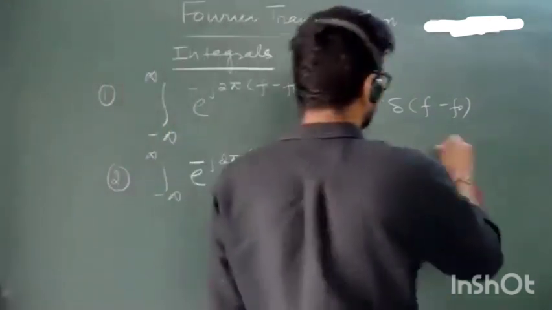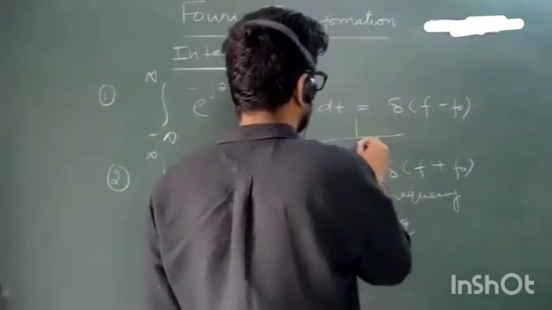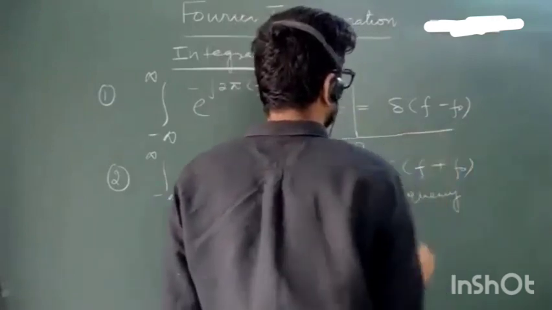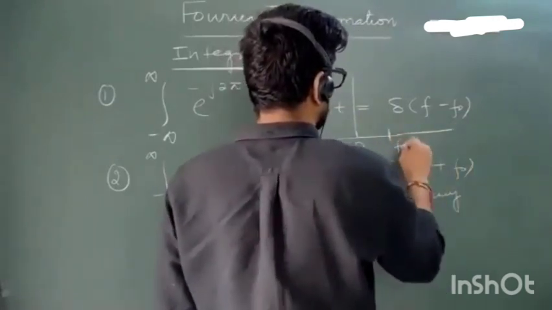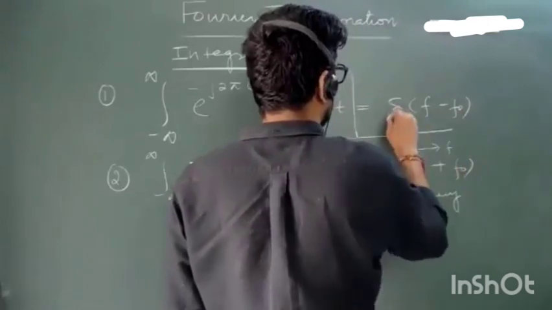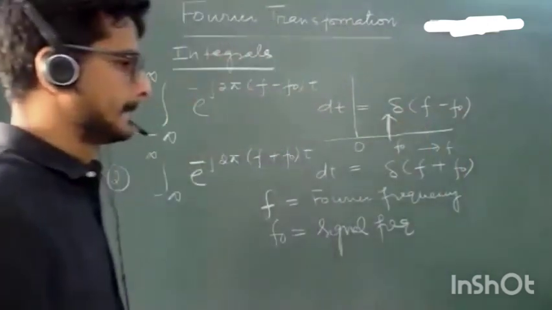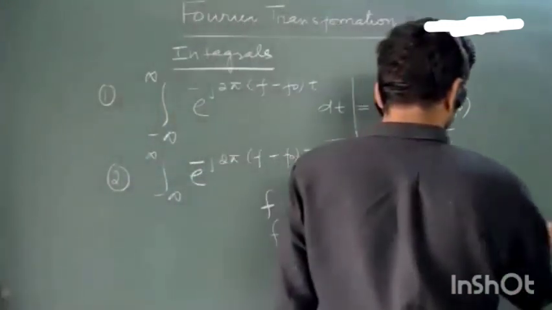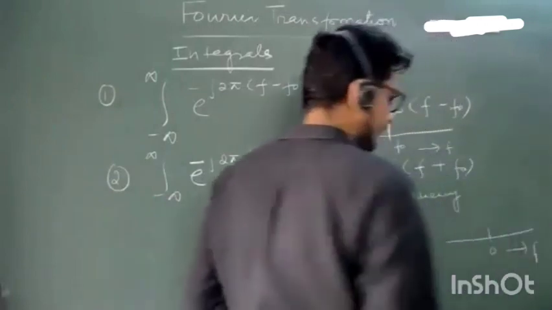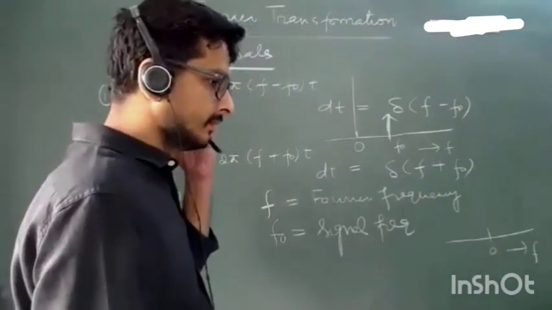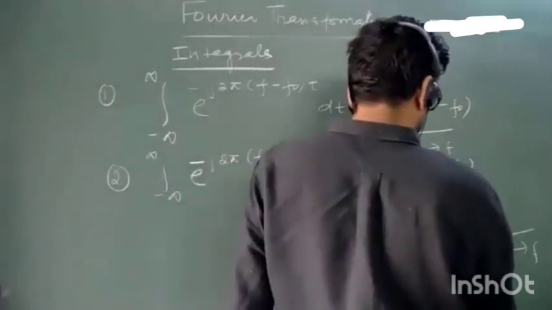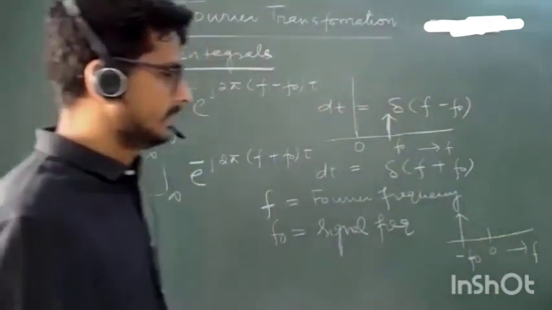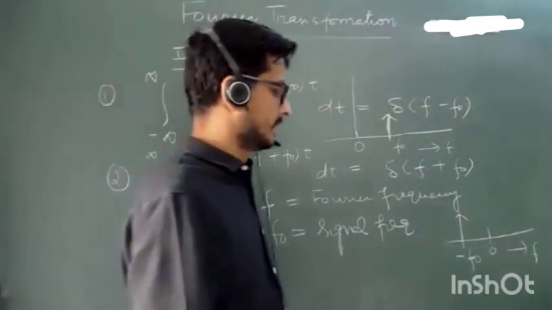Let us plot these two and see how the plots will look. This is 0, this is the f axis, and f equal to f naught is a delta function. Similarly, this is 0, this is f, and f equal to minus f naught is again a delta function.